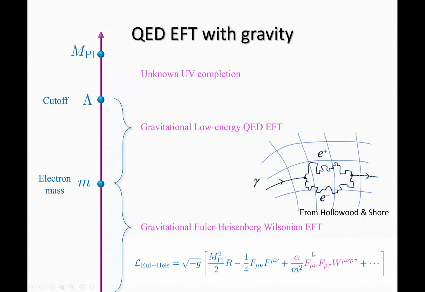And you can see that you have corrections in this EFT in the propagation of the photon from the curvature of your manifold. You can see this as thinking that as the photon propagates along its trajectory, it interacts with virtual pairs of electrons, which allows it to feel the curvature along its trajectory.